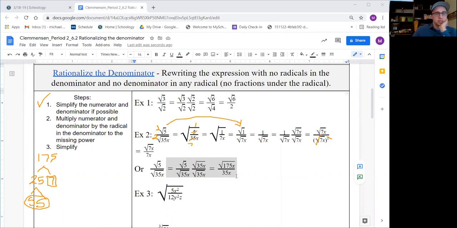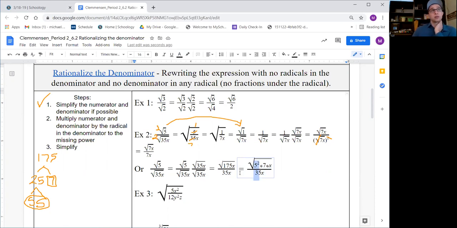And so I can rewrite 175 as 5 squared times 7 times our x still. The reason we do that is because now I can simplify that 5 squared in the square root. Those can now cancel each other out, right? And so I can pull that 5 squared out front and make it into just a regular 5.